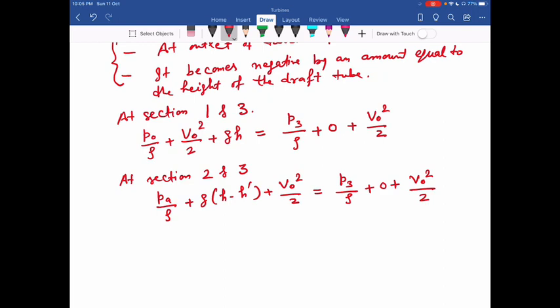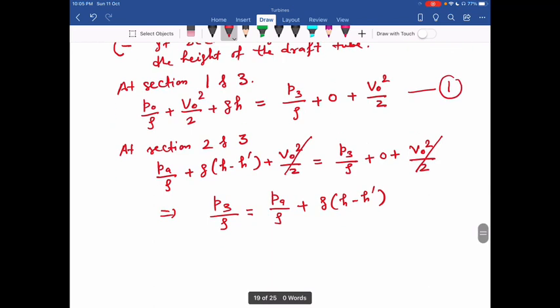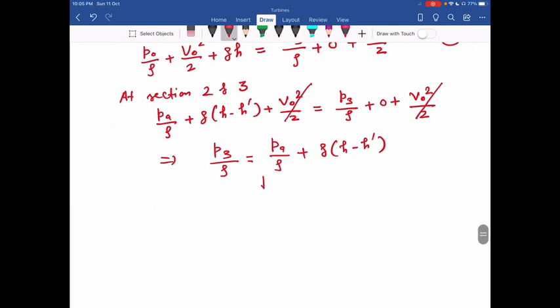Okay. So from here I can find out P3 by rho. So P3 by rho, this comes out to be PA by rho plus, these two terms cancelled out, G H minus H dash. So I put this value of P3 by rho in my equation 1, put this value in equation 1.